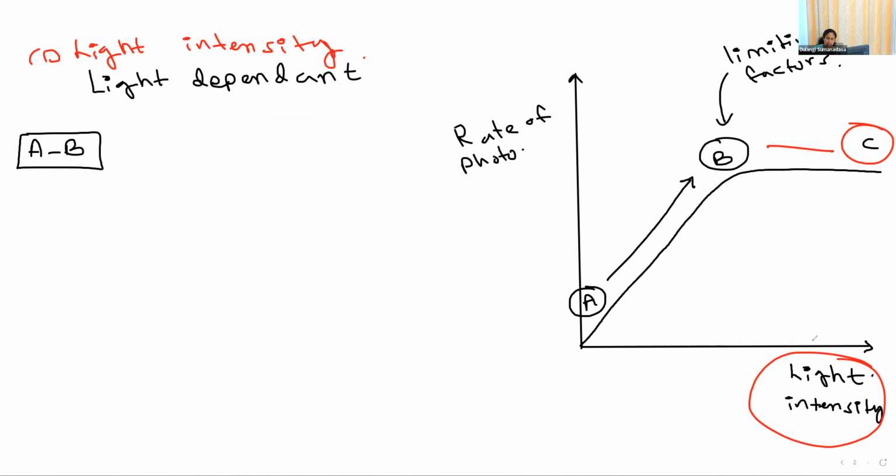If you read the x-axis from A to B, you can see the light intensity gradually increases, right? So the rate of photosynthesis is going to increase up to the point B. This is because the light absorbing pigments like chlorophyll absorb a lot of light.